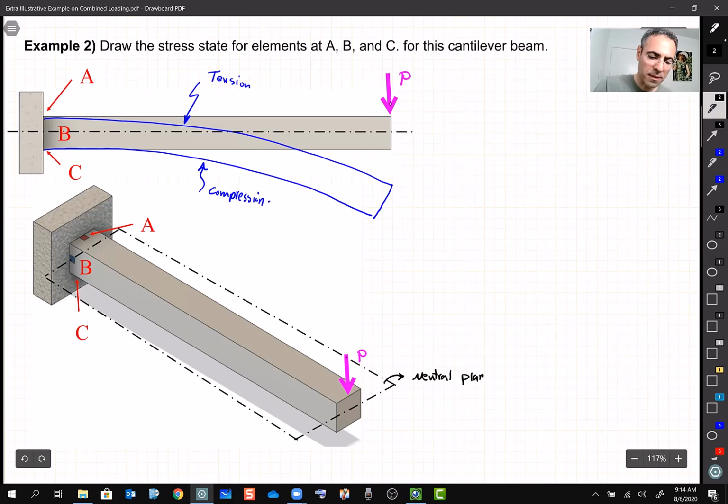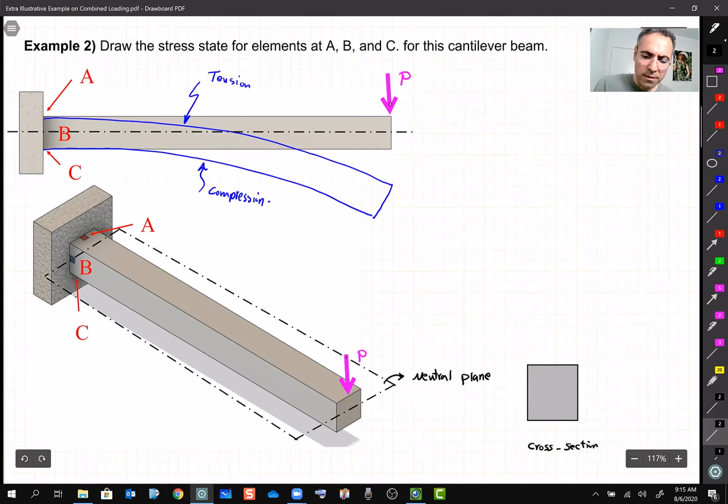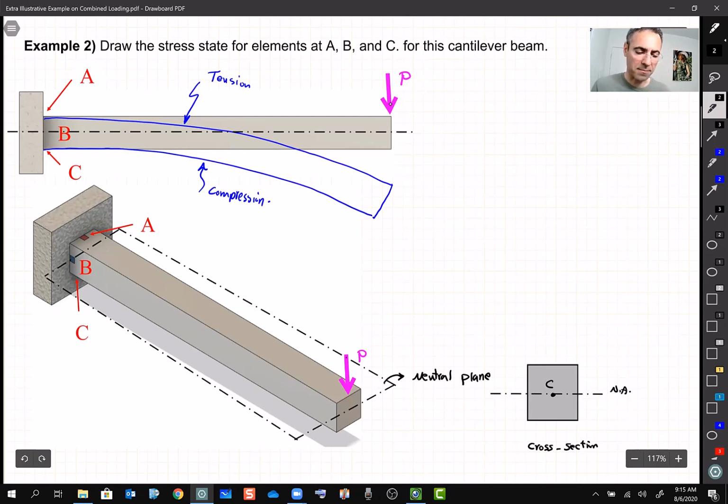And then you learned that at any cross section of this beam, let's say if this is the cross section, at any point, then this axis which passes through the centroid, we call the neutral axis, right? So this is the centroid, this is our cross section, and this is what we call the neutral axis, basically.